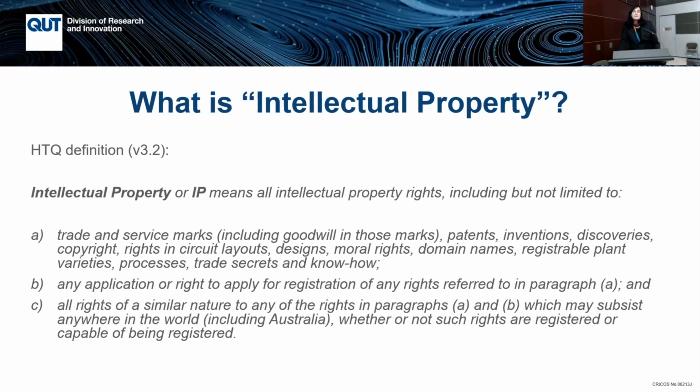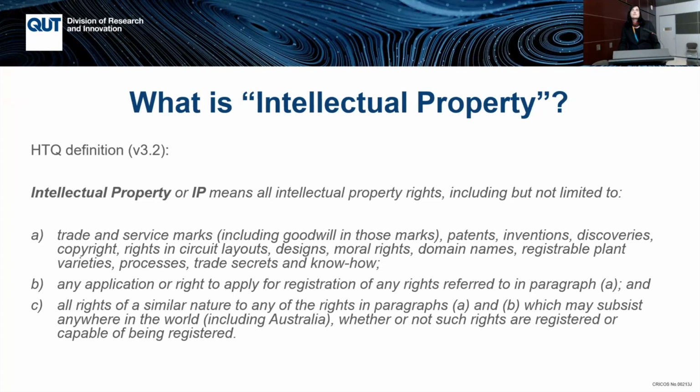It is the same definition used by IP Australia in their commercial arrangements, in fact, through a lot of the Commonwealth arrangements. And it's also used in the Department of Health's Clinical Research Agreement. It's different to what you would find in the NHMRC agreement. It's different to what you'd probably find in an ARC linkage agreement.